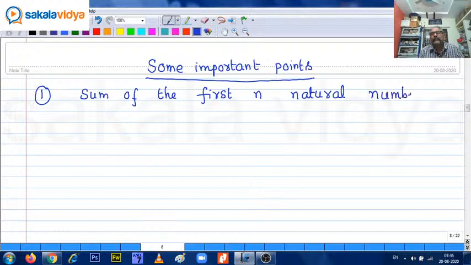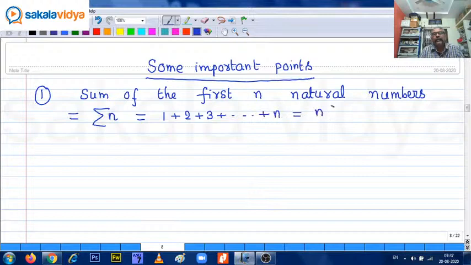Sum of the first n natural numbers is sigma n. Sigma n equals to, you can write 1 plus 2 plus 3 plus so on dash dash plus n equal to n times n plus 1 by 2. N times n plus 1 by 2.